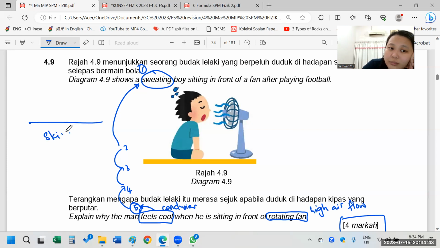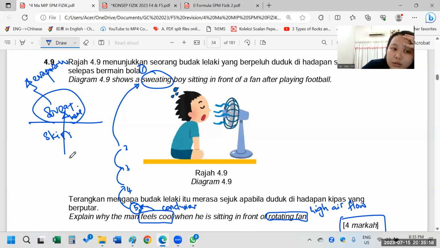We all learned biology, homeostasis in Form 1, and in Form 3 we learn thermionic reaction. Okay, so this is sweat. It means it's water, so it will absorb the heat and evaporate out. So why do we feel cool? It's because the heat is absorbed.